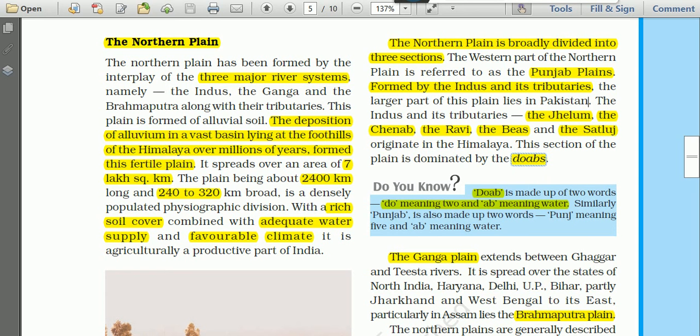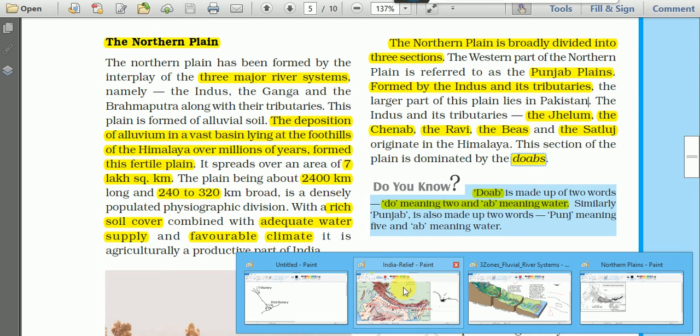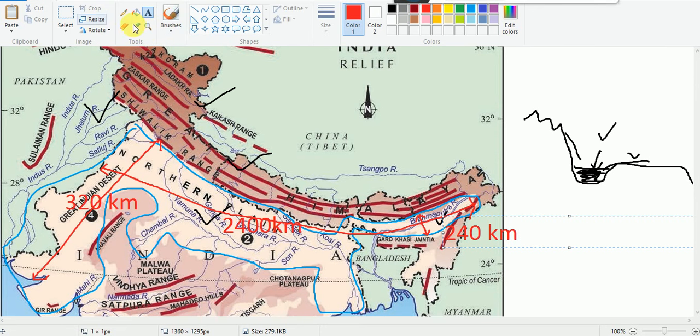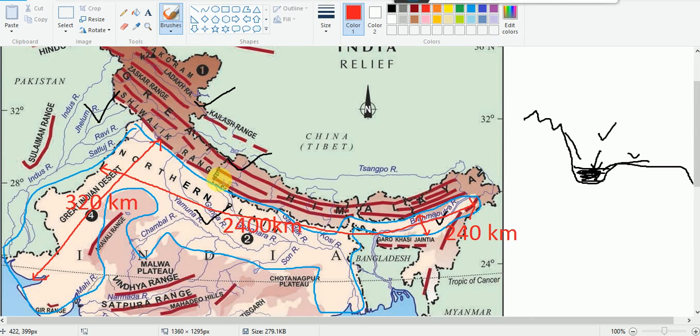So let us see this map again. The northern plains can be divided into three sections. See here, the westernmost section is known as the Punjab Plain, and Punjab Plains is formed by the Indus and its tributaries.